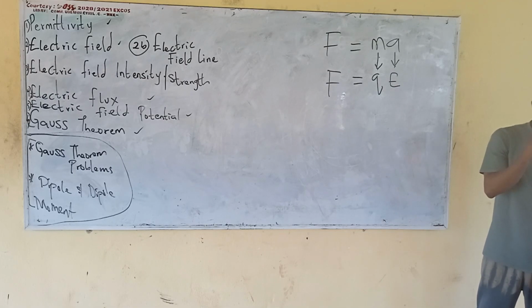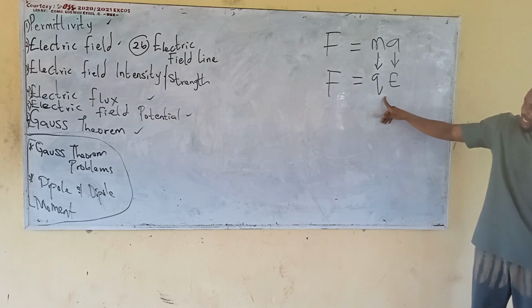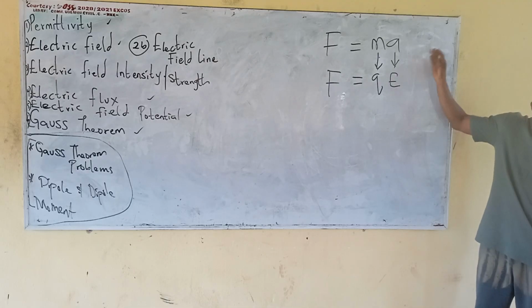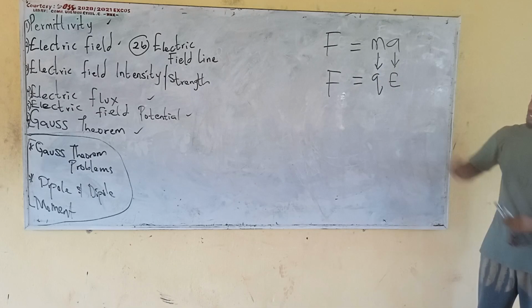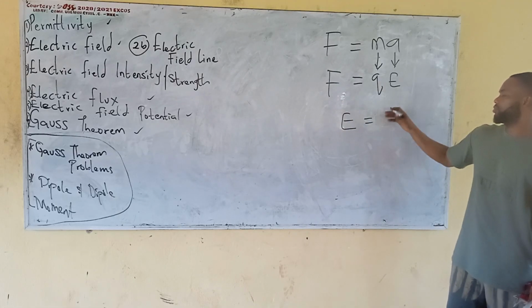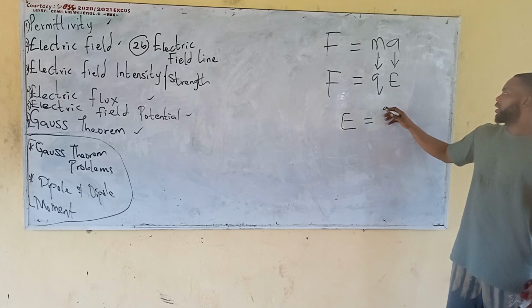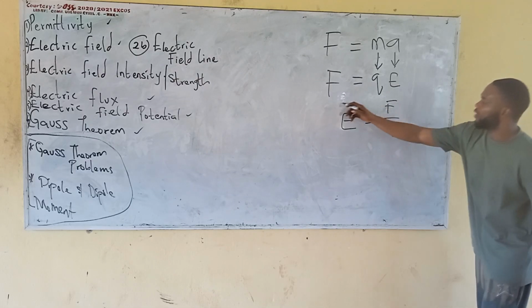Remember what acceleration talks about? Change in velocity. So the change that will happen to this charge, how it's moving, is determined by this. So when you make this the subject of the formula, you now have E equals F over Q. So please, that is how you got this.